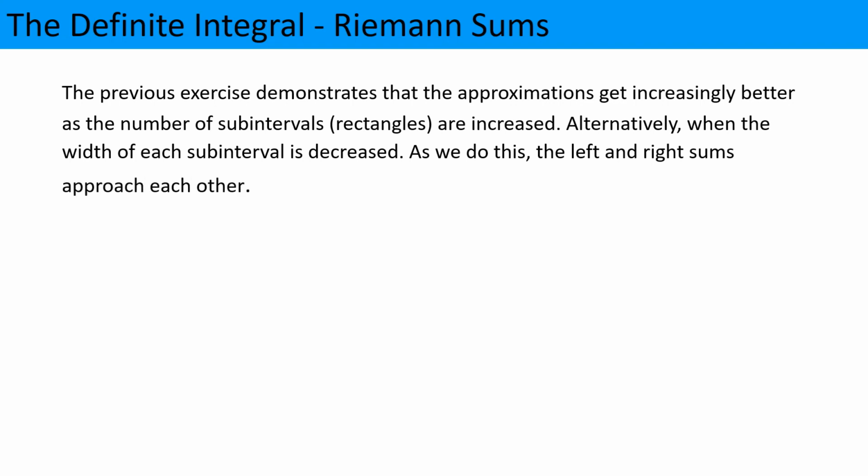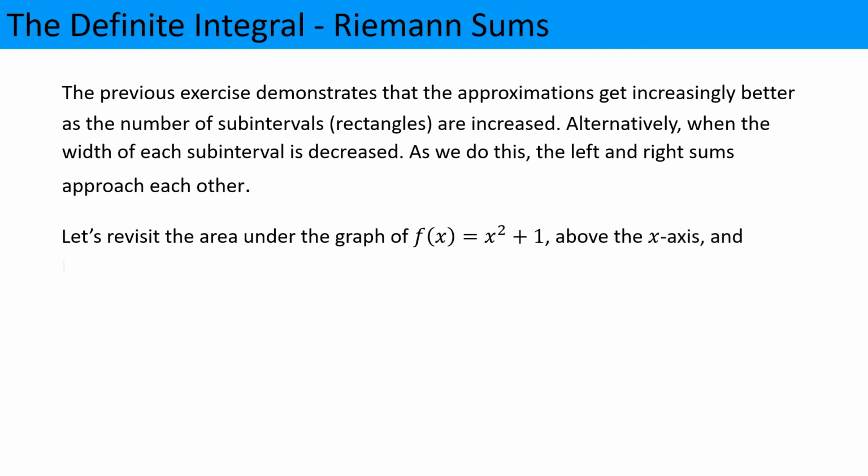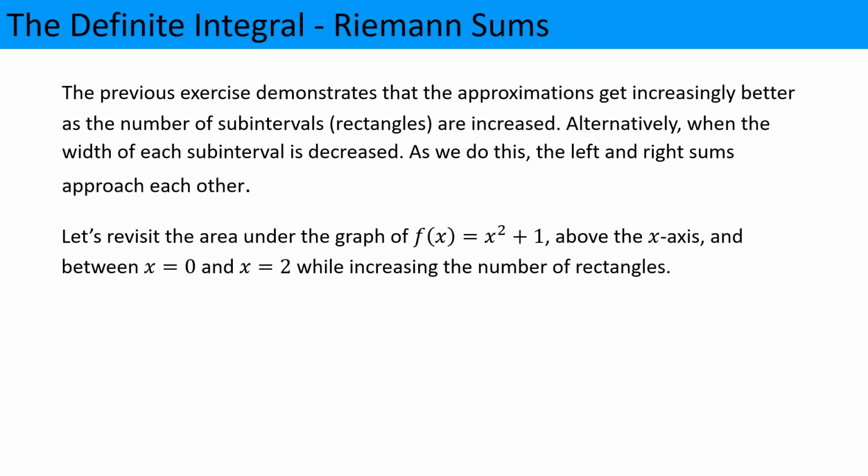Same effect. As we do this, the left and right sums approach each other. Now let's revisit the area under the graph of f of x equals x squared plus 1 above the x-axis and between x equals 0 and x equals 2 while increasing the number of rectangles.